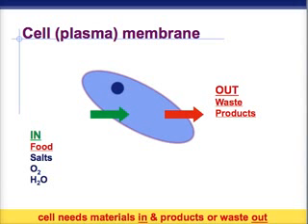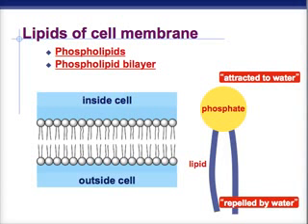It also allows the cell to eliminate things like waste, which can be ammonia, salts, carbon dioxide, and water, or other products that it makes, such as proteins. So the entire purpose of the cell membrane is so that it can get materials in and products or wastes out.